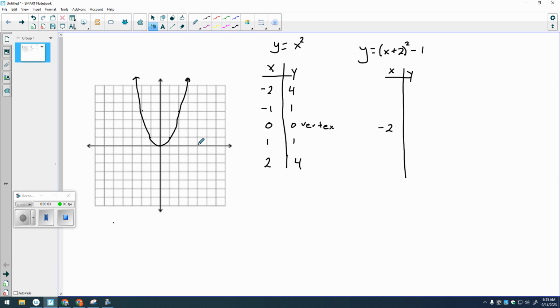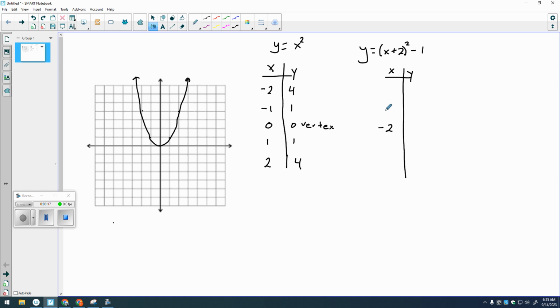So if I were to plug in only points like -2, -1, 0, 1, 2, I'm going to get my graph that's way up here, and I'll never find the vertex. And I'll have no idea what this thing looks like. So I really do need to pick points that start with or are centered around the value that makes this 0, which is the x value of my vertex.